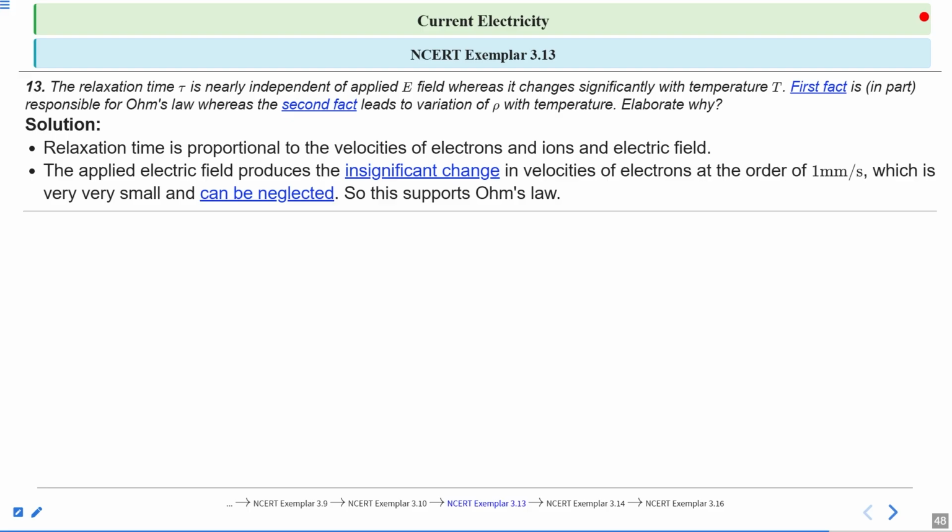In Ohm's law, we took that tau doesn't depend upon the drift velocity; tau is a constant. It does depend on drift velocity, but the change in the drift velocity is very small and can be neglected. So this supports Ohm's law.